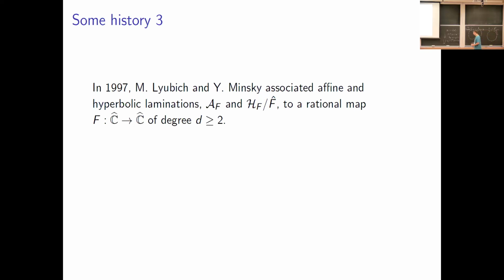A similar notion is the barycentric extension of the rational map to hyperbolic 3-space. So originally, when I thought about this project, I was thinking about those objects, but it turns out that it's not necessary, for reasons.